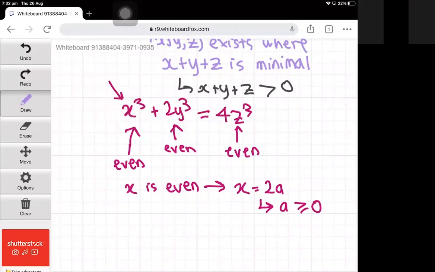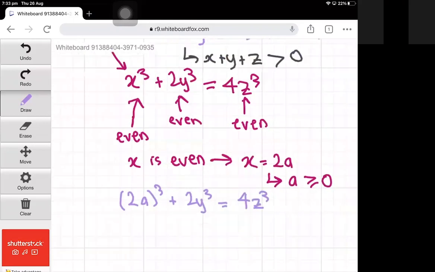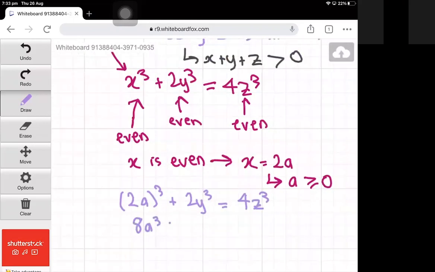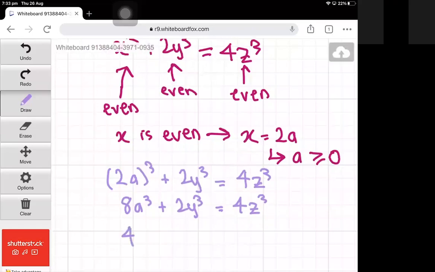Now if we substitute x equals 2a, we have 2a cubed plus 2y cubed equals 4z cubed. So 8a cubed plus 2y cubed equals 4z cubed, and we divide both sides by 2: 4a cubed plus y cubed equals 2z cubed.